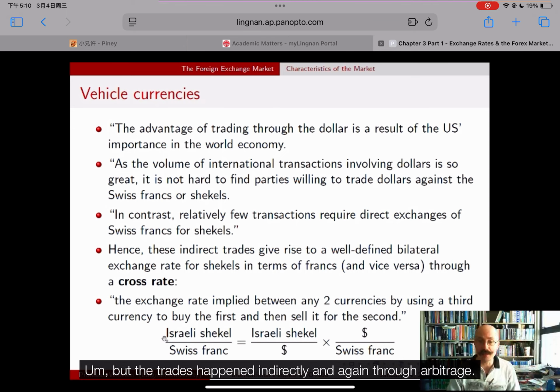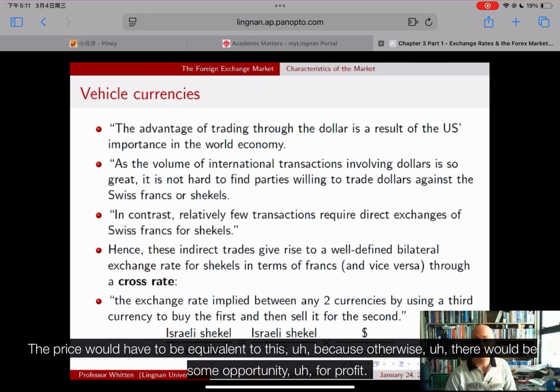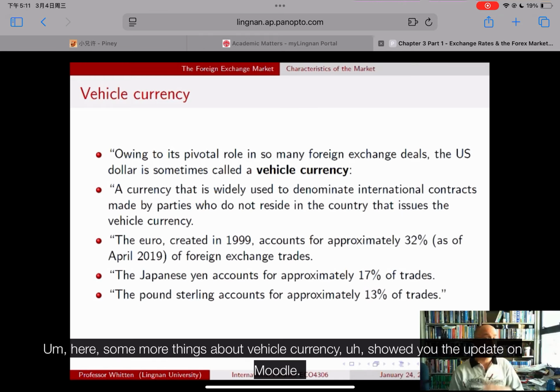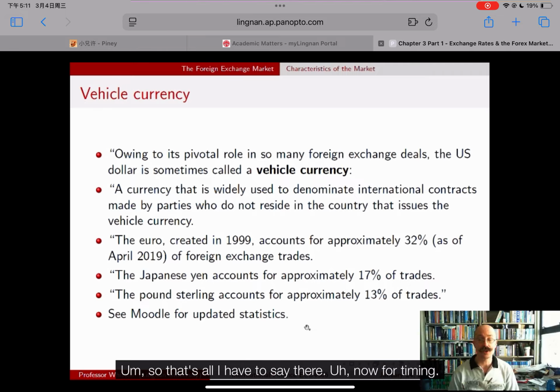But the trades happen indirectly, and again through arbitrage, the price would have to be equivalent to this, because otherwise there would be some opportunity for profit. Here are some more things about vehicle currency. I showed you the update on Moodle, so that's all I have to say there.